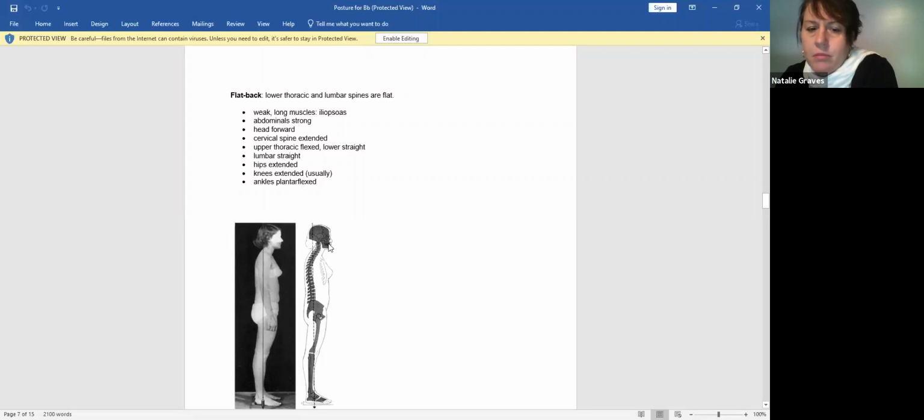The knees can be hyperextended, and we are seeing that here. And it looks like the foot is in a little bit of plantar flexion. So as you are taking notes, if you could also add out here to the side, the pelvis is in a posterior pelvic tilt in this particular postural type, which I think will be important for you to remember as we progress on here.